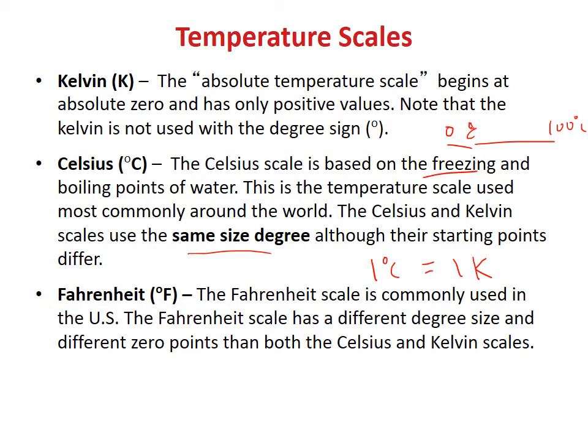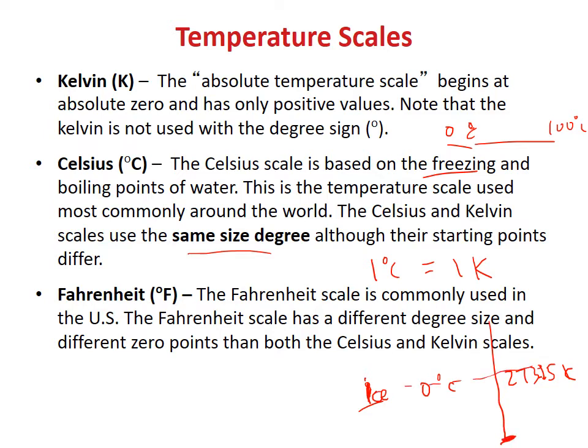For example, if ice melts or freezes, that temperature is 0 Celsius, but at that temperature the Kelvin is 273.15 Kelvin, because Kelvin 0, absolute 0, is much below this temperature.